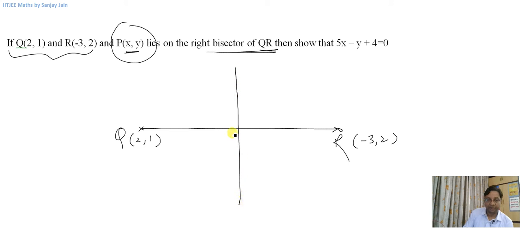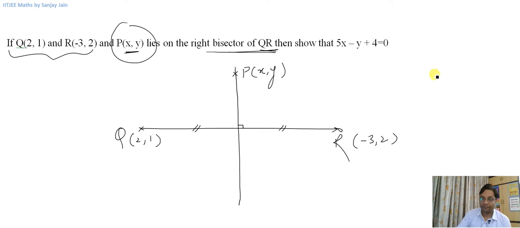This is a line which bisects QR, that is this segment will be equal to this segment and is perpendicular to QR, right? And this point P lies somewhere on this right bisector or perpendicular bisector.